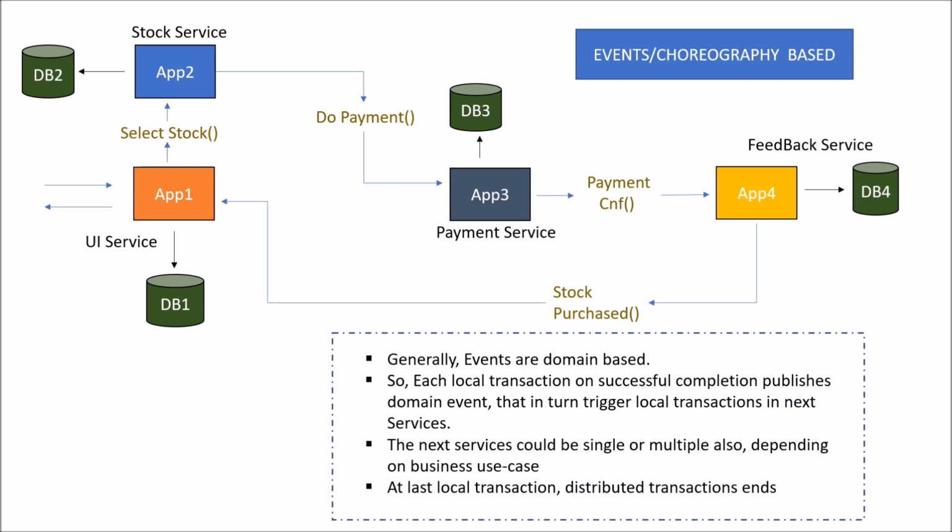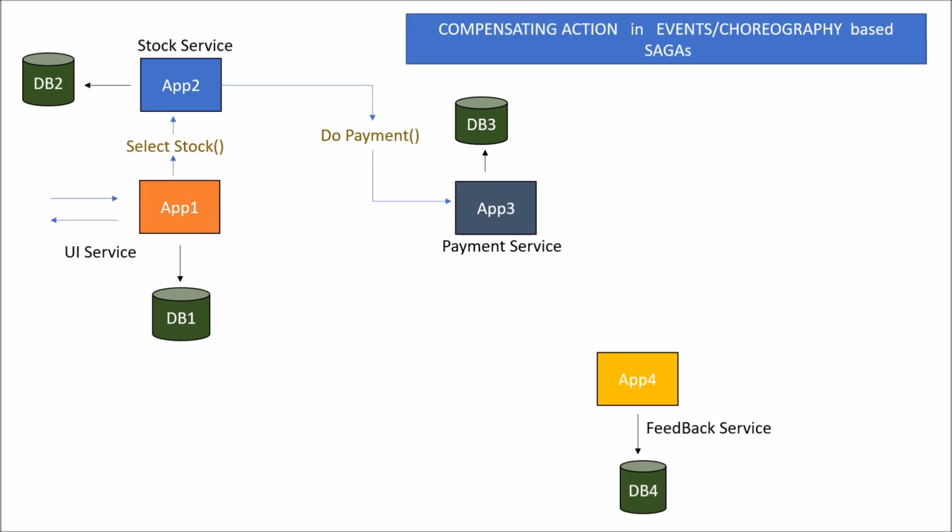Now let's suppose what happens if there is a failure in case of the event or choreography based approach. Let's look at that scenario. In case of failure of the transaction, we prepare for rollback or compensating action. But remember, rollback and compensating are different terms.